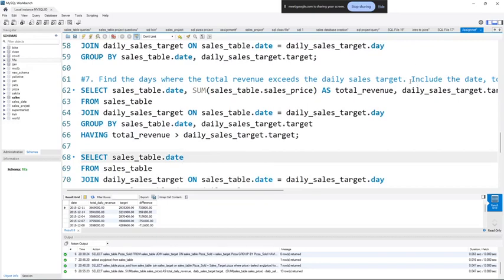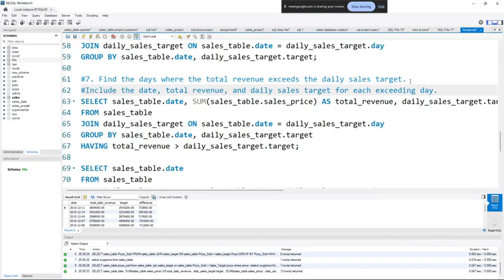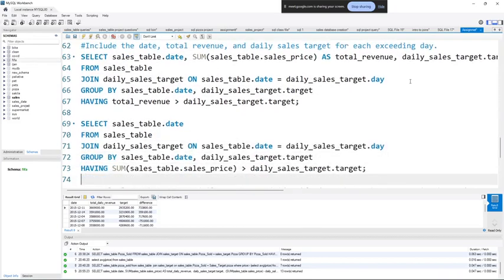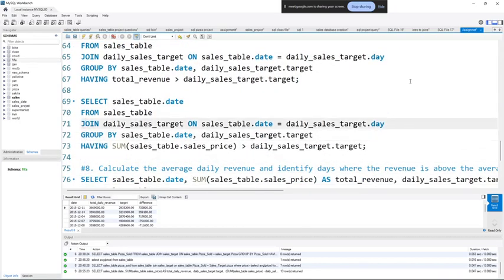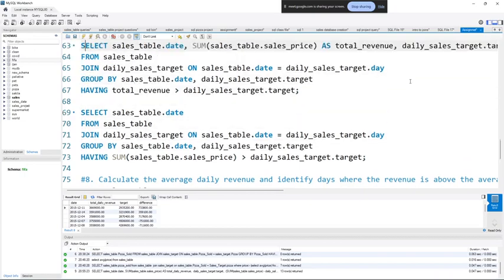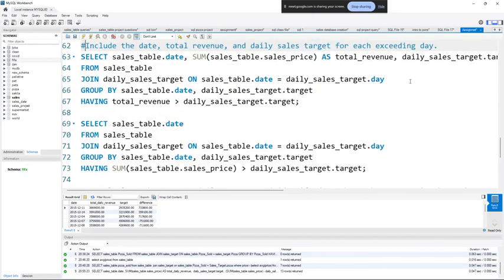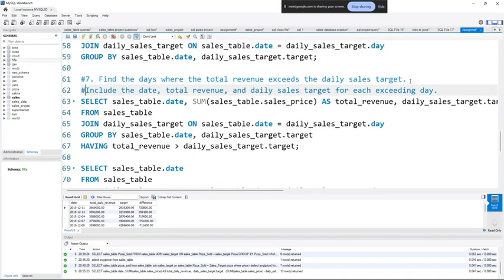Question 7. Find the days where the total revenue exceeds the daily sales target. Hold on. I think I wrote it somewhere else. Okay.